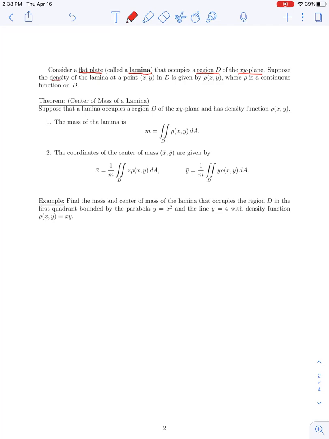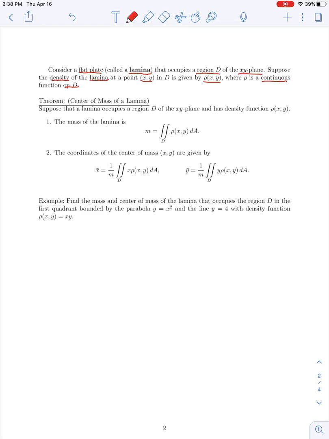And let's suppose that the density of this lamina at a point xy is given by rho of xy, where rho is some continuous function on our region describing the lamina. So maybe this plate is made out of some material that has non-constant density.